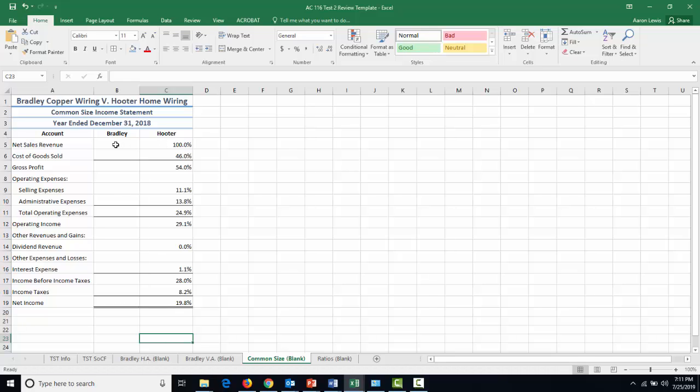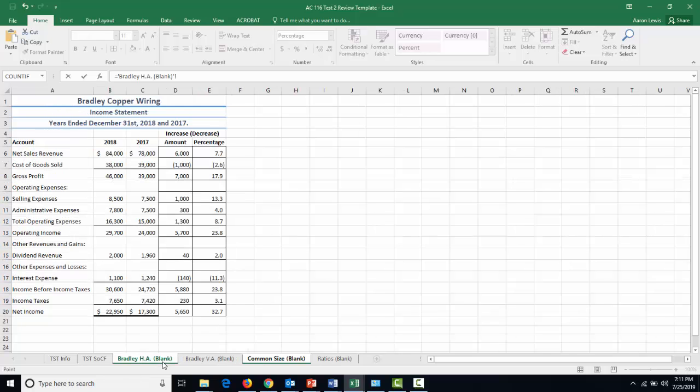Well, that's easy enough. Net sales revenue, what percentage was it? If we click in the cell and hit equals, and go back to our income statement, we see that net sales revenue was comprised of the amount we had during that year divided by what's always the base number for your income statement, which is your net sales revenue.